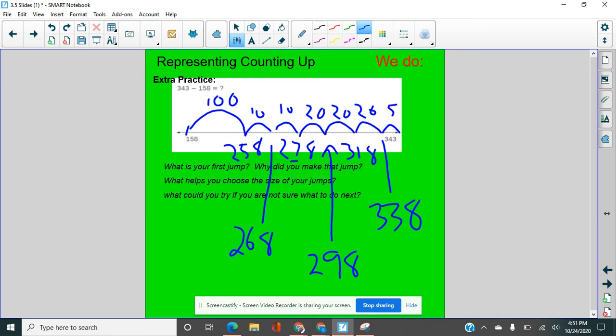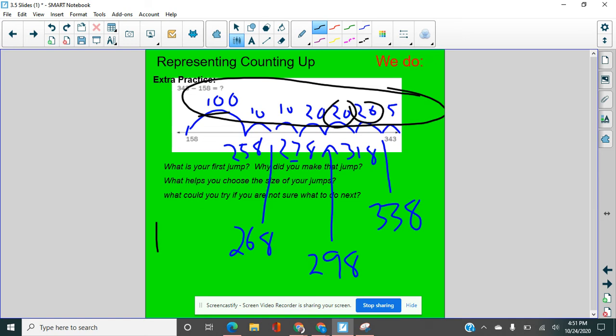Where do I get my answer from? Yeah, these numbers on the top. All right, so I have 100, 100, and let's see, 20, 40, 60, 80, 85. 185. There's our answer, right?